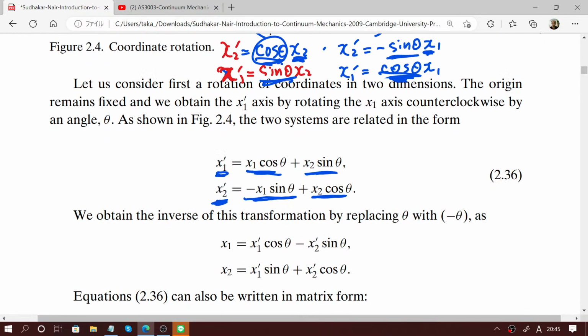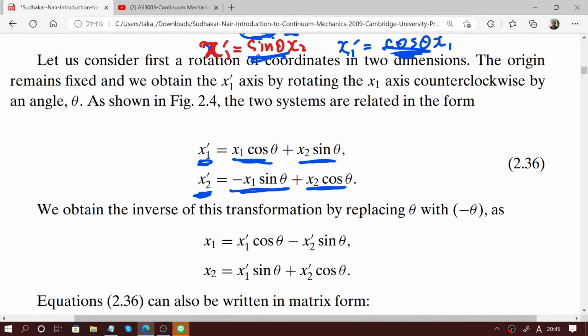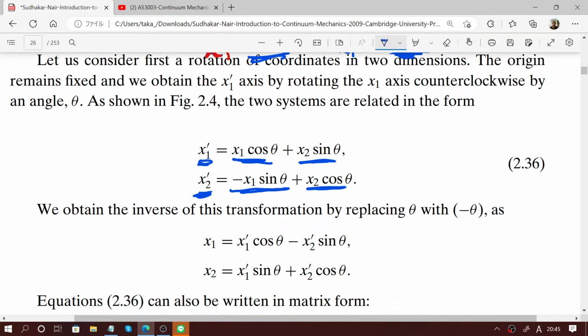So then you can make an inverse. We obtain the inverse of this transformation by replacing theta by minus theta. Now you change prime to unprime, and unprime to prime.